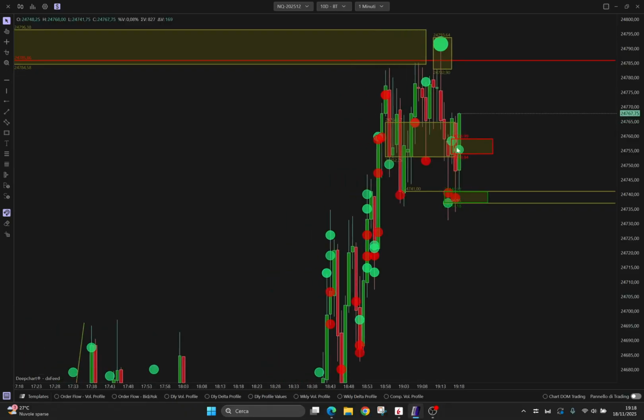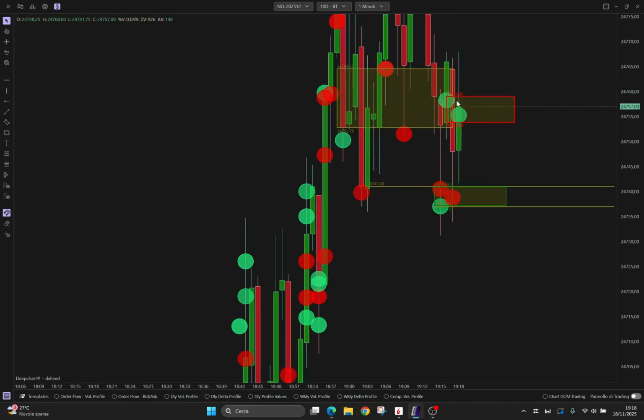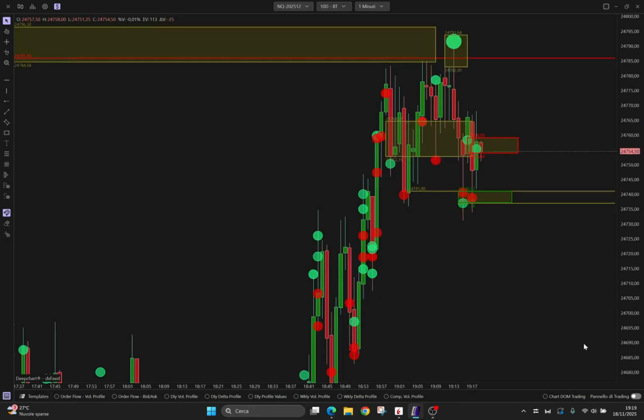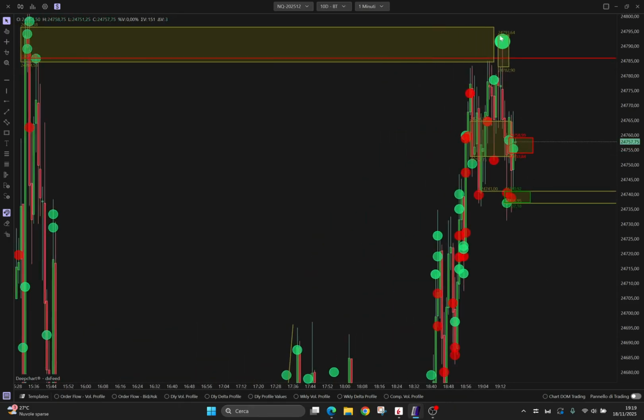Okay? Now the buyers, what are they doing? They crush these sellers and they are trying to reclaim a higher level. But as you can see, there is a strong protection. Now let's understand this condition live. We tapped in a level of a higher profile that got absorbed. So we know that here the sellers are really jealous. They are protecting.